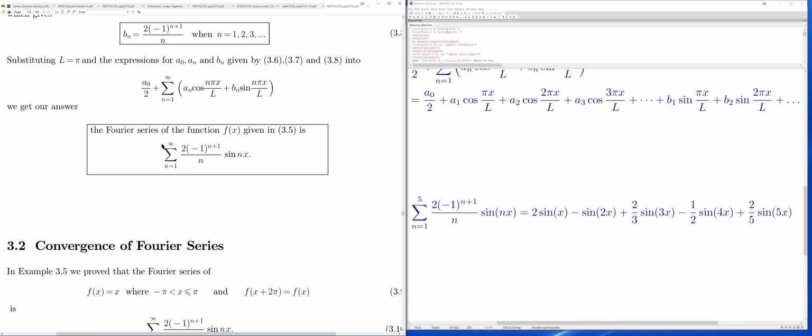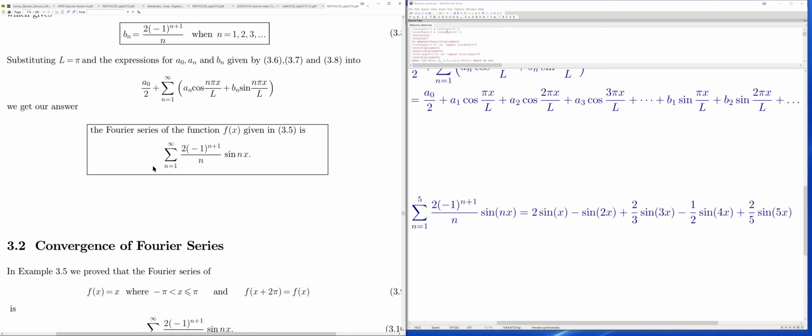The Fourier series that I obtained was this infinite series here. Now what I'm going to do is look at not the entire series, but the first few terms of the series. Over here I look at the first 5 terms of the series and I wrote them out. These first 5 terms are an approximation of your Fourier series.